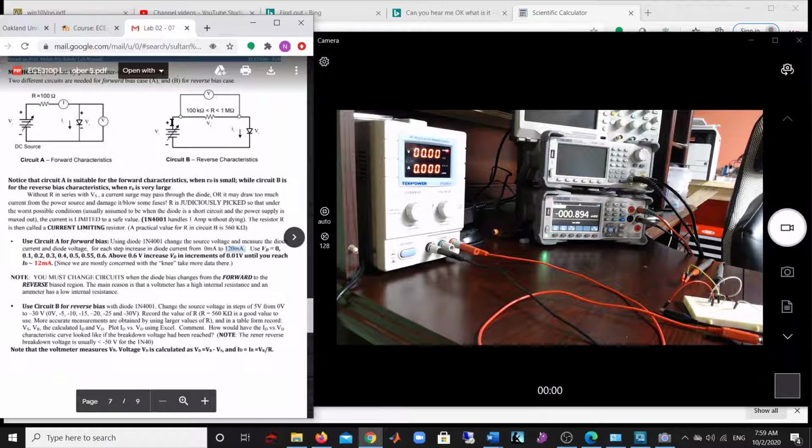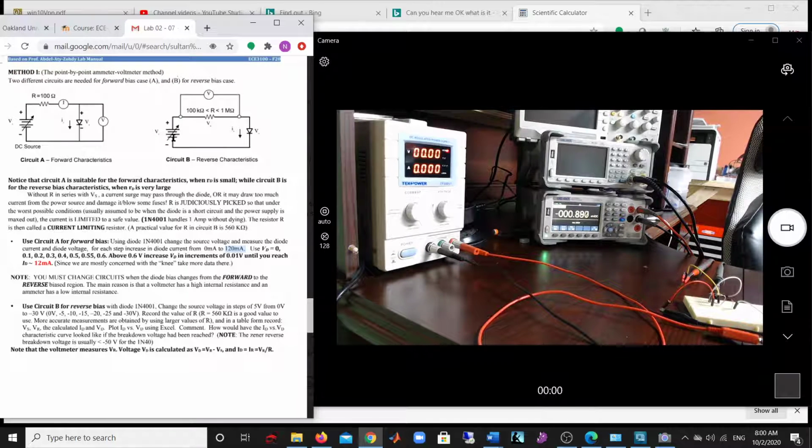So what we're going to do here is flip the connection of the power supply. Instead of the negative part connected to the cathode, the positive part of the power source is going to be connected to the cathode. So we're just going to flip it, and this is especially for the TAs.